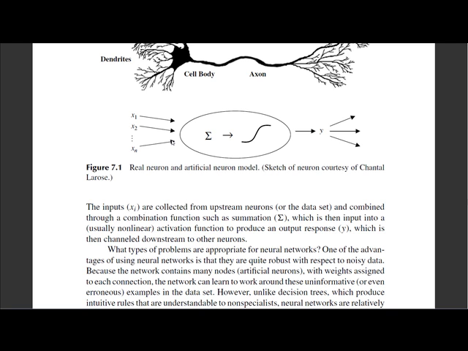So we can take all the inputs and we do something with them, like maybe we add them up, which would mean summation, which is then input into a usually nonlinear activation function. So this is supposed to be some nonlinear activation function to produce an output response y, which is then channeled downstream. So we sum them up, and then we do something to it, and then we make our prediction, or we output something.